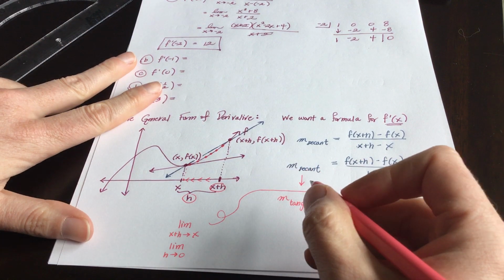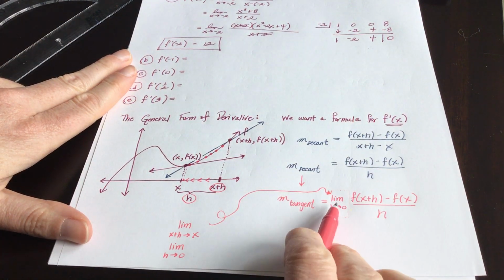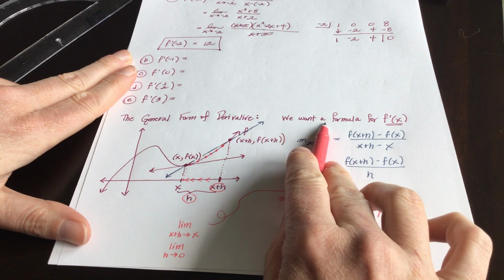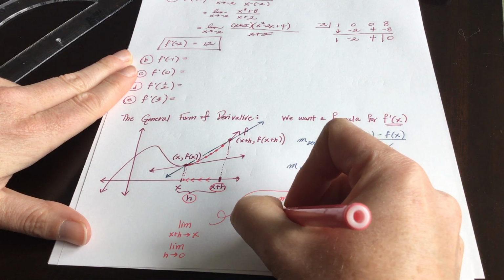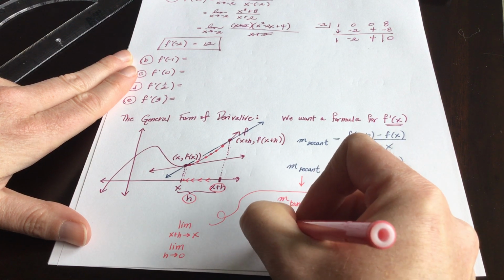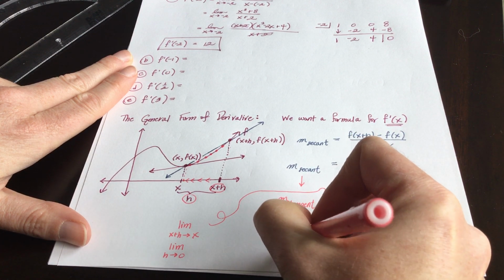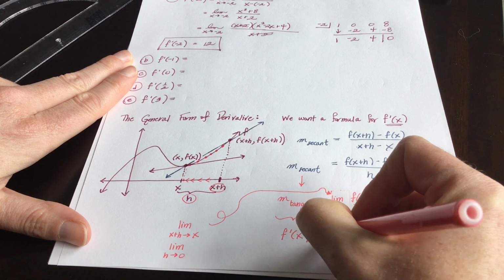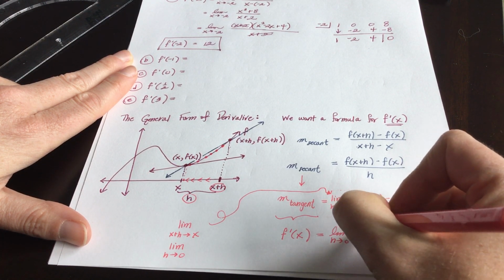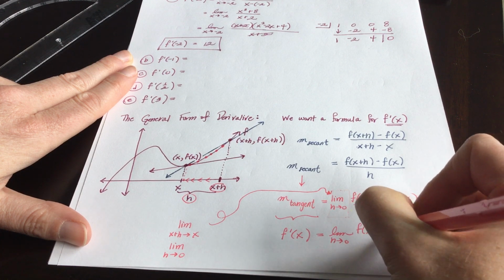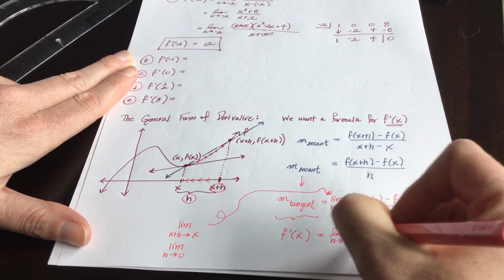And then in addition to that notation, you're getting a formula, just like I said in the beginning, a formula for f prime at any x value. So the notation that we use in this case for the general derivative is f prime of x. And it's the limit as h goes to 0 of f of the quantity x plus h minus f of x all over h.